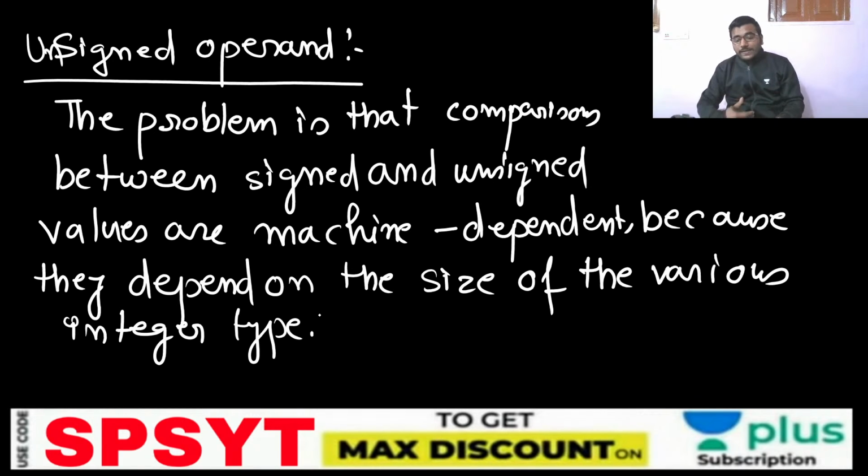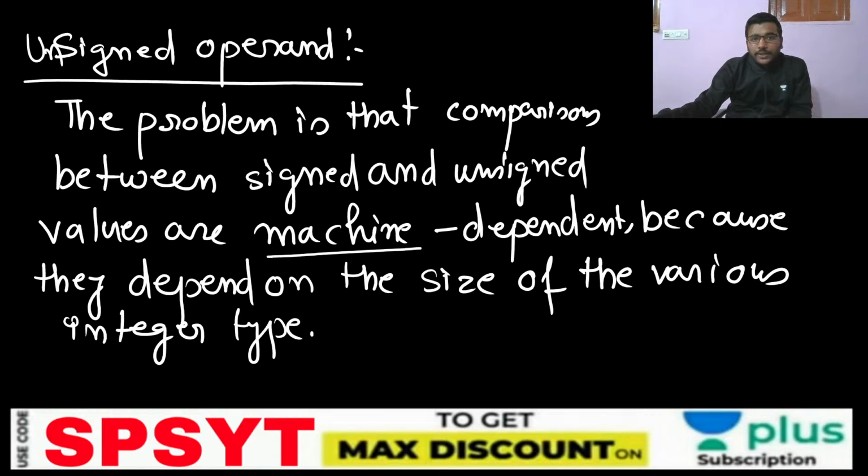So in case of unsigned operands, the conversion is machine dependent. The problem is that comparison between signed and unsigned values is machine dependent because it depends on the size of various integer types.